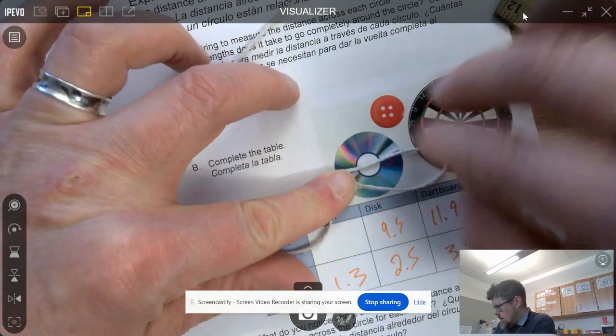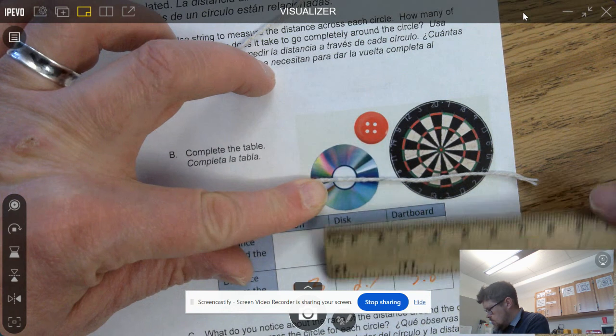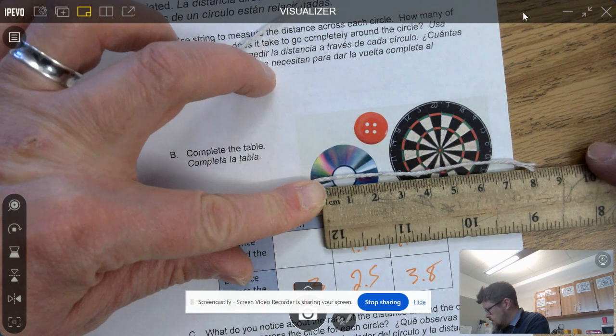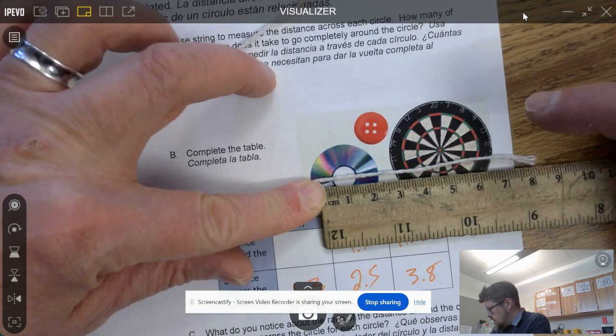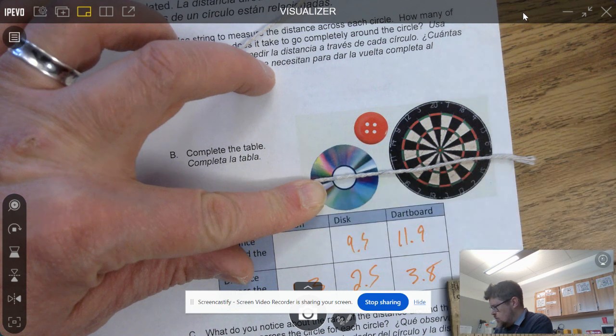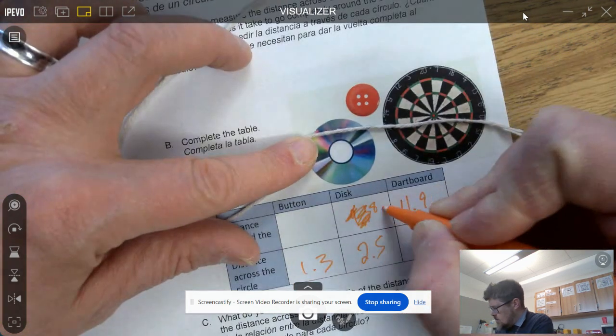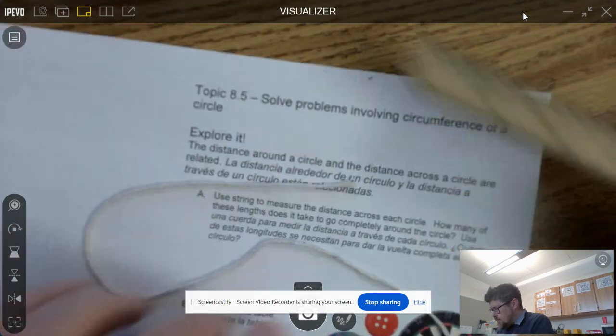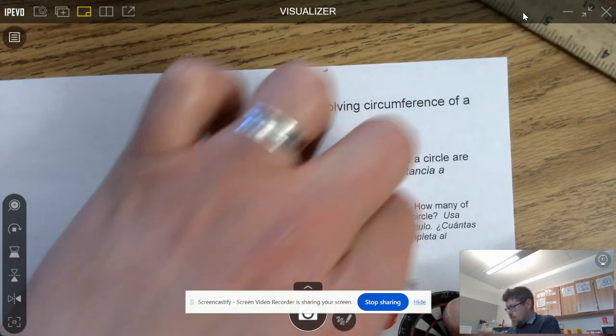Okay, about that. There we go. That's much better. I don't know what happened there. So we're looking at about 8.2, let's say. That's better. And then this little button's going to be a pain.